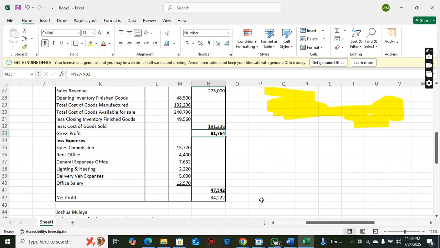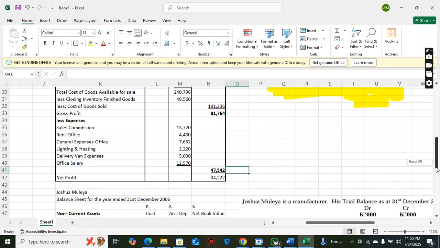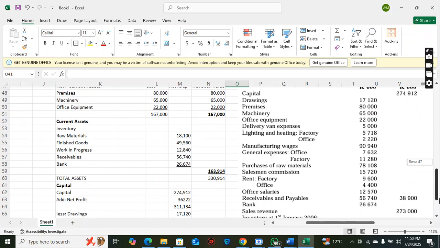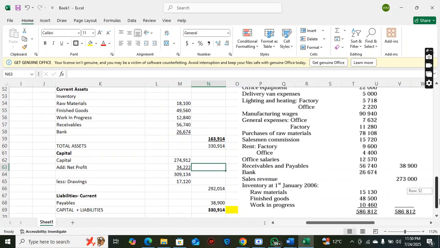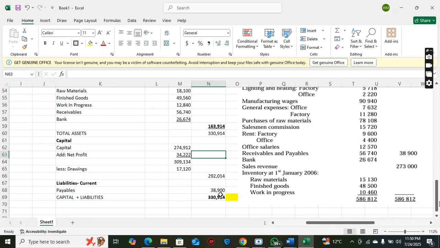Let's see, net profit 3422. Yes, have you seen? It's now balanced. So I think there was a typo error somewhere.